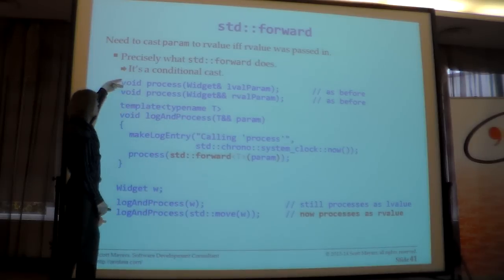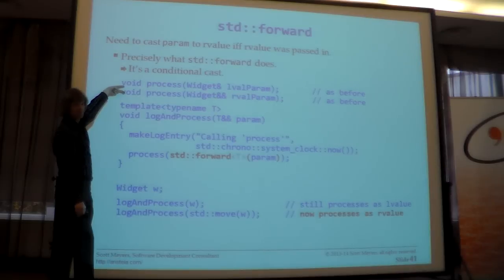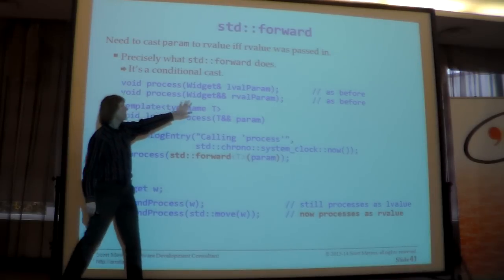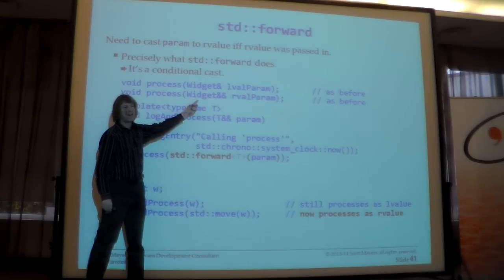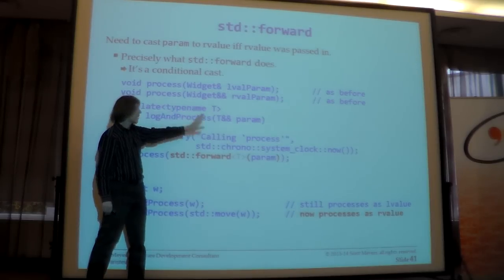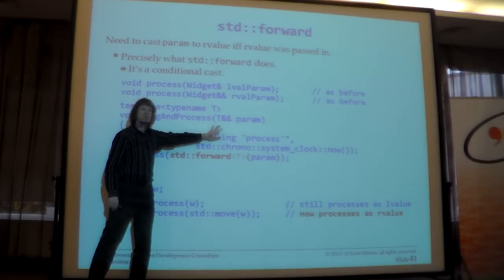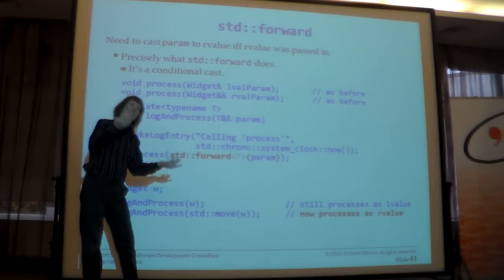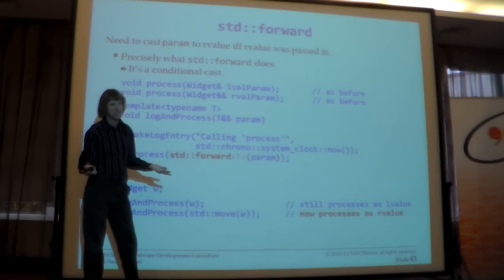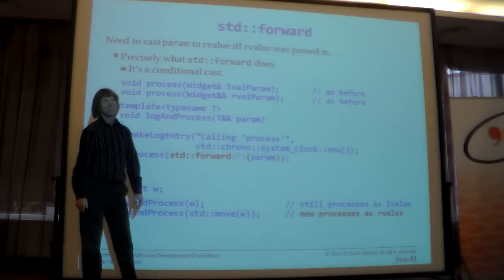But in this case, notice that process itself is overloaded. And presumably, because this is taking an R value reference, this pretty much says, I want to modify this parameter. So I can't make any guarantees here, because if somebody passes me an L value, maybe it'll be copied, but if somebody passes me an R value, maybe it'll be moved. So I can't put the word const there because I just don't know.